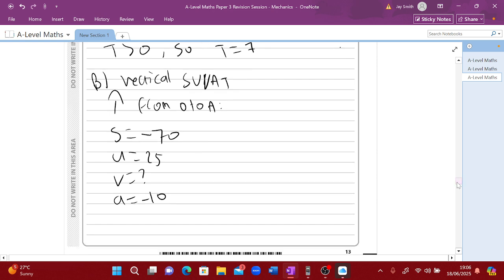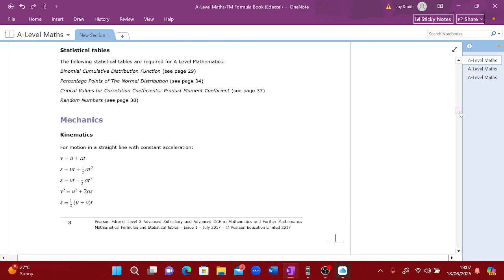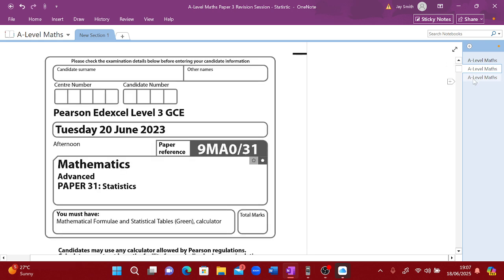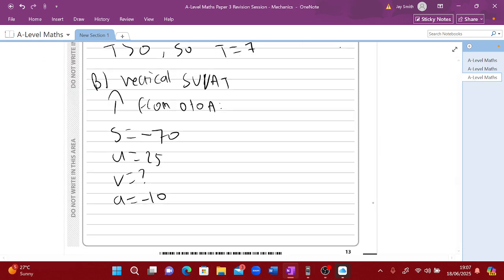we want the expression from the SUVAT equations that does not include t. So it's going to be this one: v squared is u squared plus 2as.